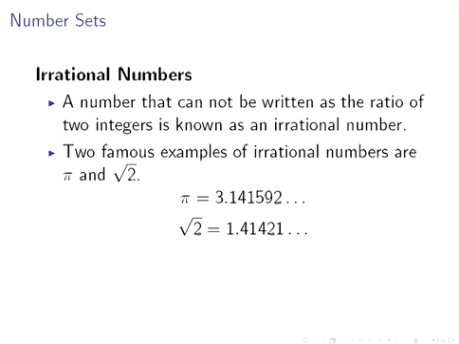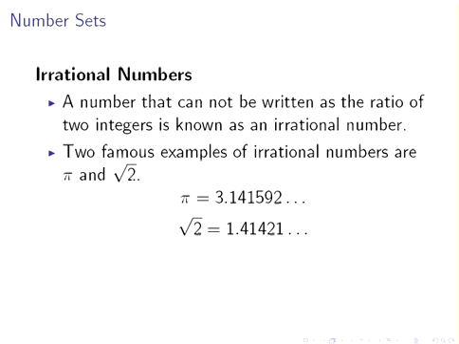Irrational numbers are numbers that cannot be written as the ratio of two integers, or one integer divided by another. Two famous examples are pi and the square root of 2. There's no way to write them as the ratio of two integers.